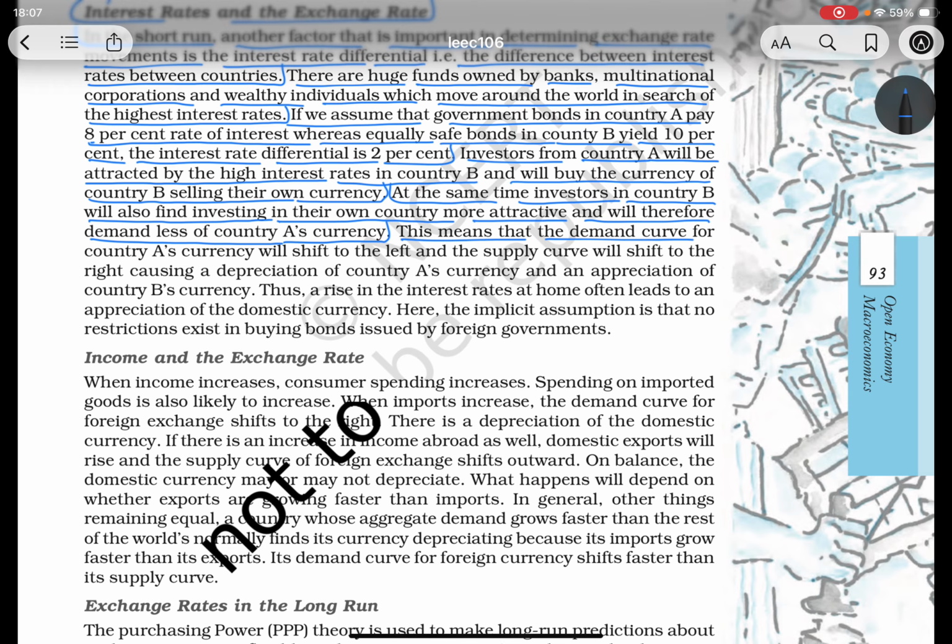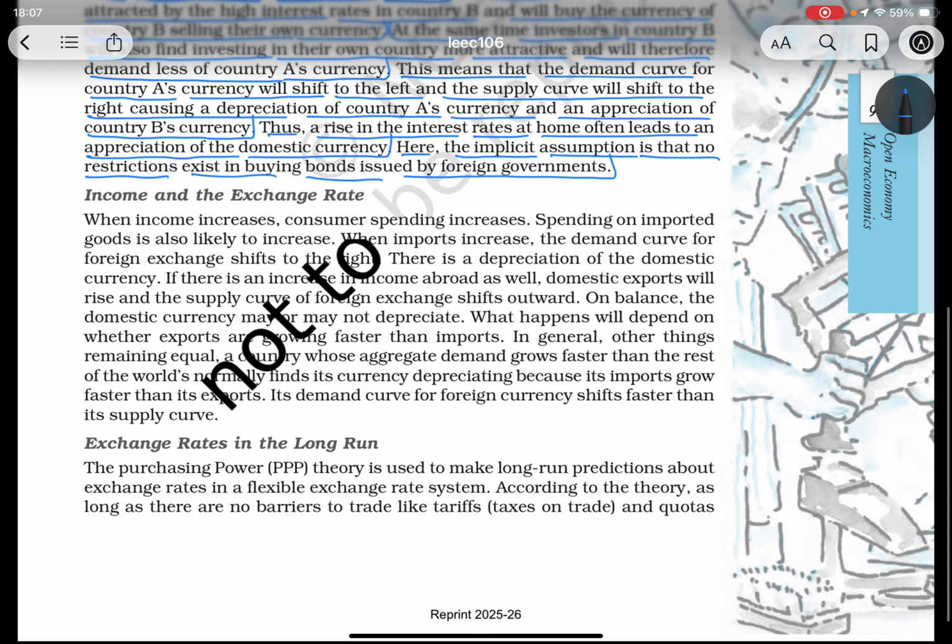This means that the demand curve for country A's currency will shift to the left and the supply curve will shift to the right, causing a depreciation of country A's currency and an appreciation of country B's currency. Thus, a rise in the interest rates at home often leads to an appreciation of the domestic currency. Here, the implicit assumption is that no restrictions exist in buying bonds issued by foreign governments.